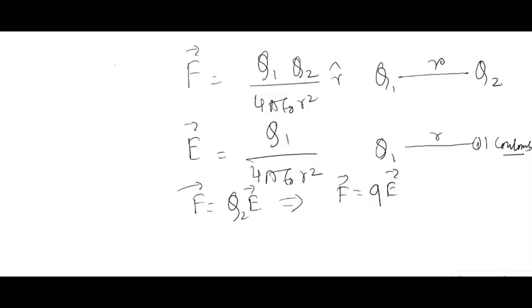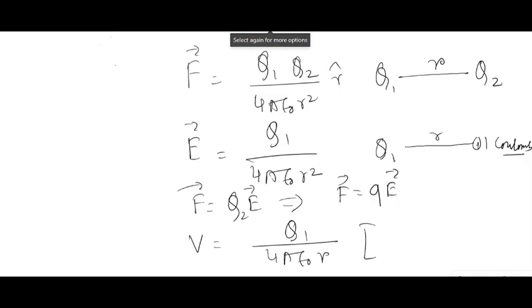আর লাস্ট আমরা দেখেছি ভোল্টেজের এক্সপ্রেশন V, and this is a scalar quantity, V is equal to Q1 divided by 4 pi epsilon 0 R. So this is a scalar quantity, and these two are vector quantities.